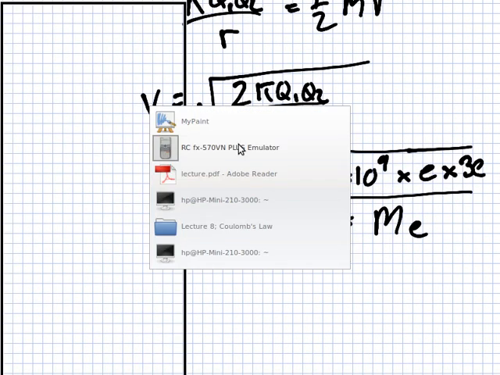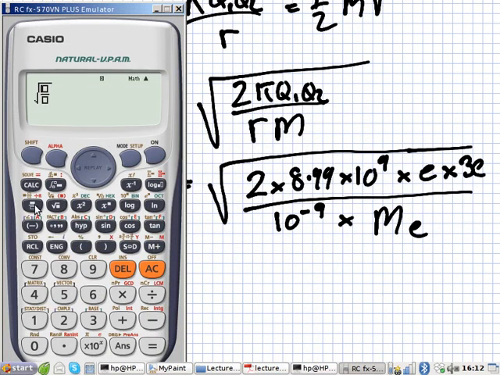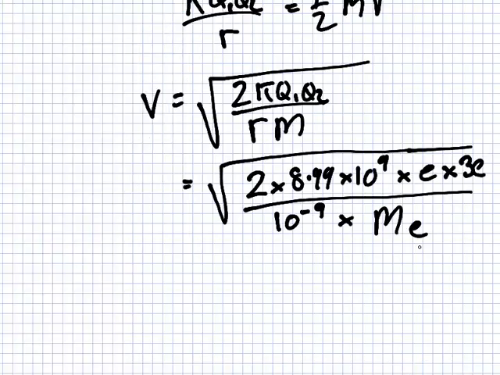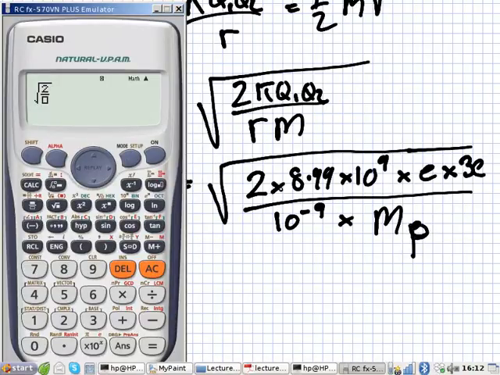So let's see what we get here. Oh, sorry. I forgot what we were doing. Protons, not electrons. That's constant 1, isn't it? 2 times 8.99 times 10 to the power of 9 times e times 3e over 10 to the minus 9 times constant number 1.